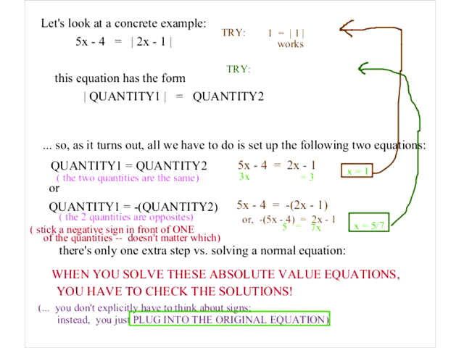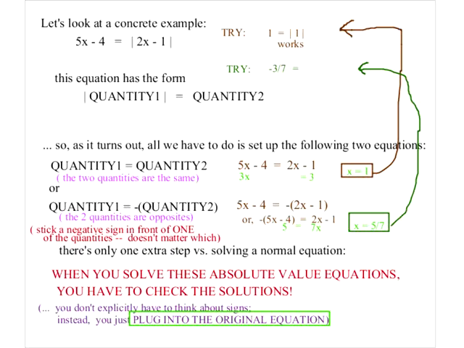So if we try this one, 5x minus 4 is 20 over 7 minus 28 over 7. That's negative 8 over 7 equals, and then the right-hand side is 10 over 7 minus 1. 5x minus 4, I made a mistake.